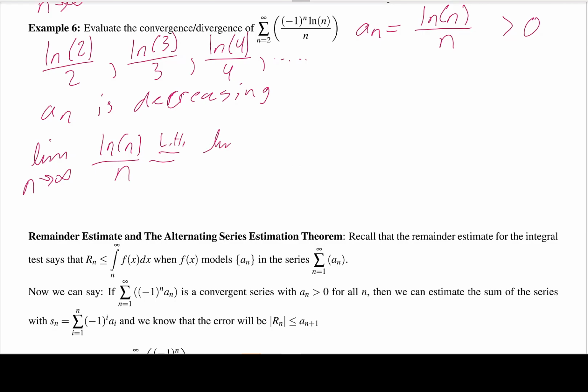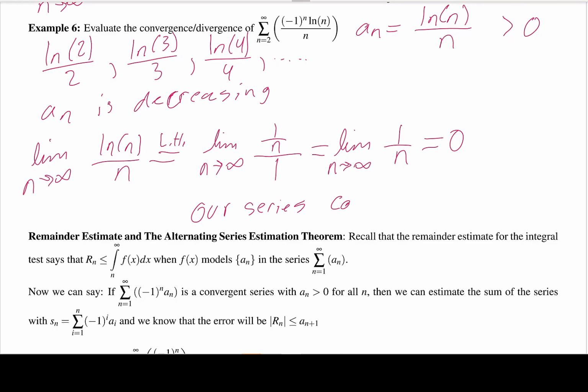So we'll get the limit as n goes to infinity of 1 over n over 1, which gives us the limit as n goes to infinity of 1 over n, and this will give us 0. Which tells us that our series converges by the alternating series test.